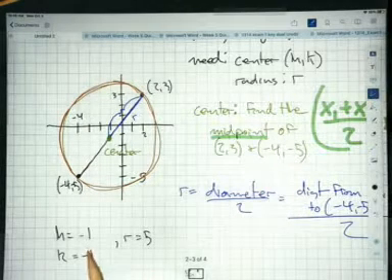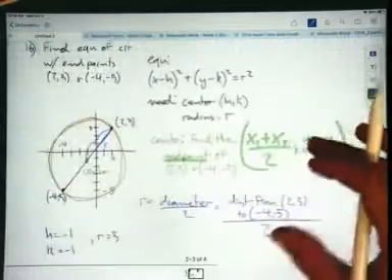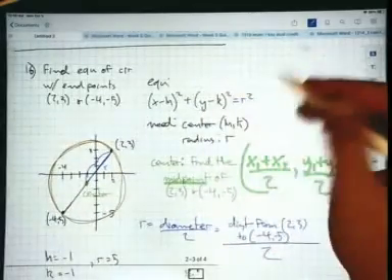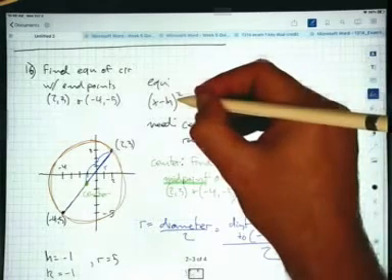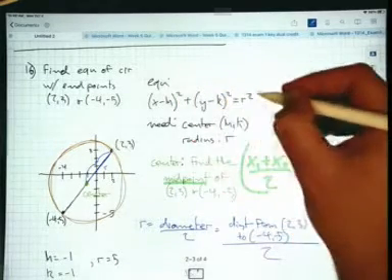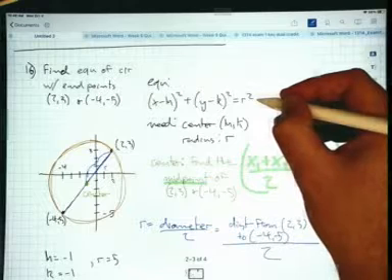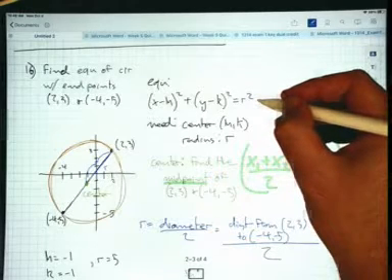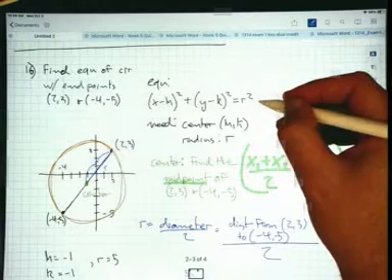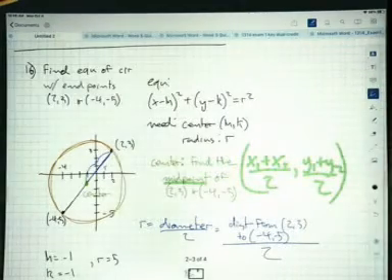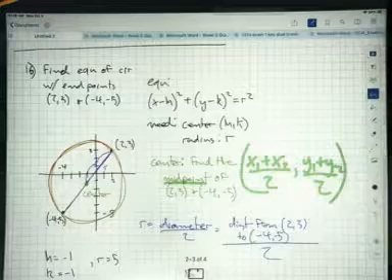So plug these values into your point right here. Do not square this, but square the 5. Shoot me an email if you don't get the answer. Okay?